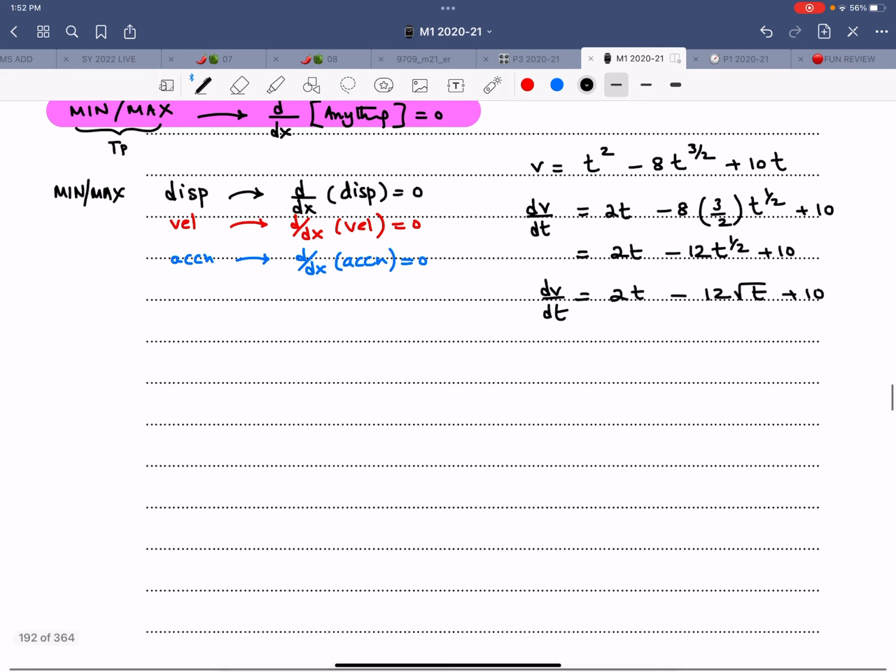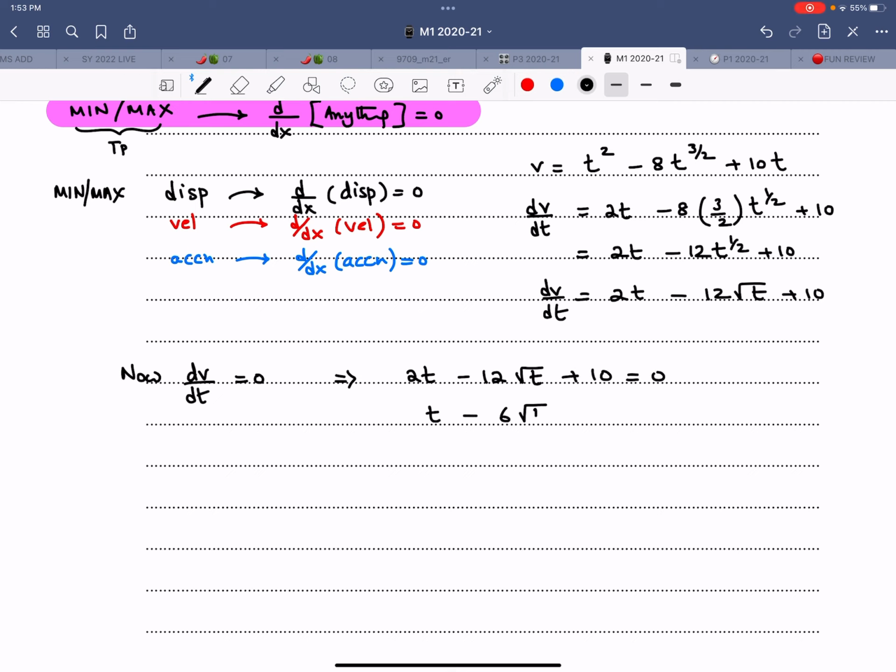Now dv by dt should equal 0. Therefore, 2t minus 12 root t plus 10 equals 0. Divide by 2: t minus 6 root t plus 10 equals 0. So now you are back to P1, and this is a disguised quadratic equation.